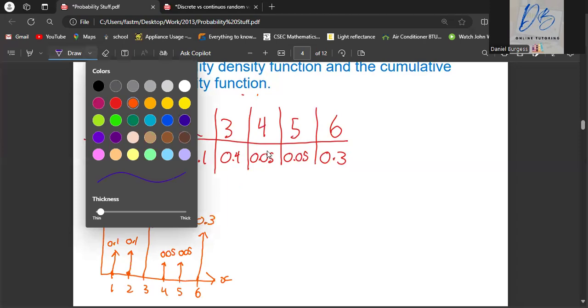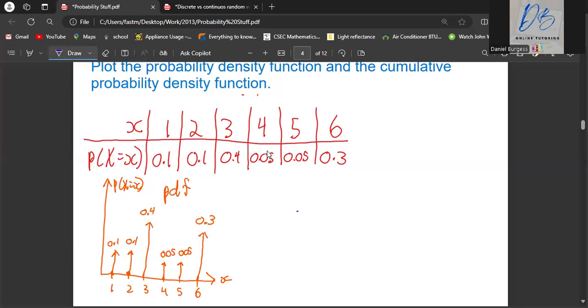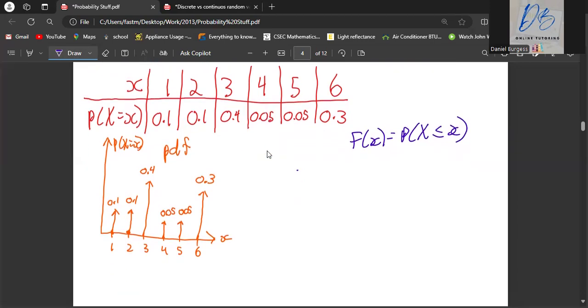The second thing I wanted to get is the CDF. We know the CDF is capital F of x, which is basically the probability X is less than or equal to x. So same XY.